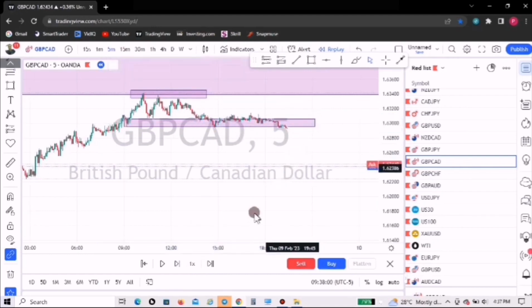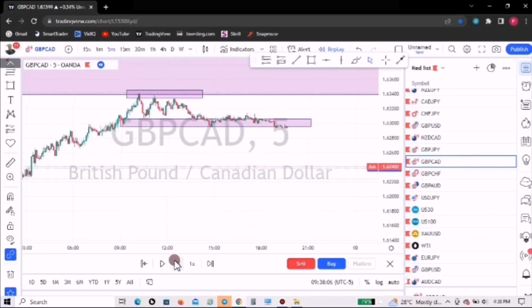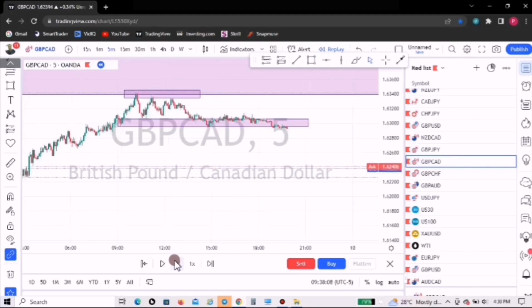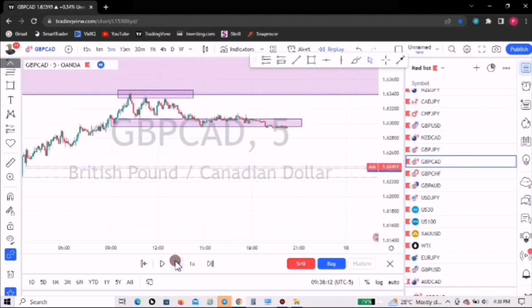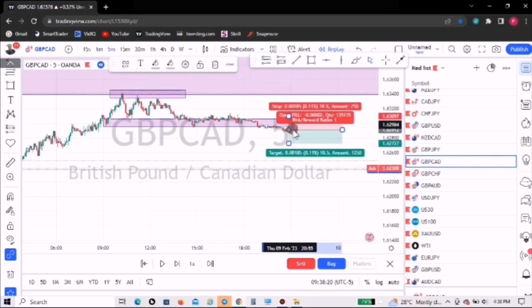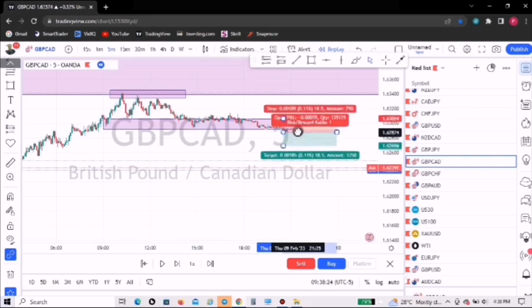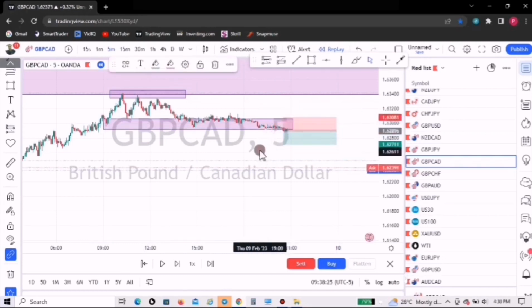So right away you can take a sell, or even wait for the next 2 candles. Okay, you hold on a little bit. You can see that price keeps pushing down. You can then take the sell. Take a sell right there.